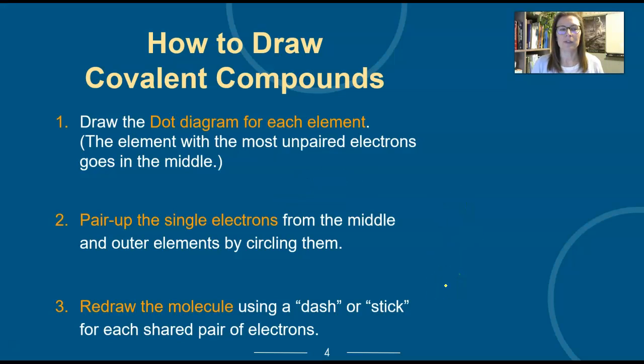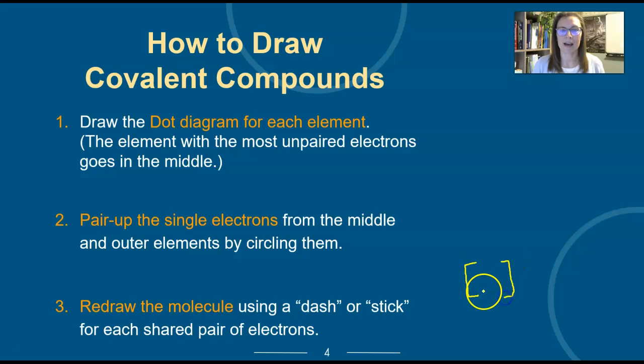And lastly, redraw the molecule using a dash, or some people call it a stick, okay? And we're going to draw one of those dashes for each shared pair of electrons. So remember when we did ionic compounds last week, we redrew them with brackets, right?